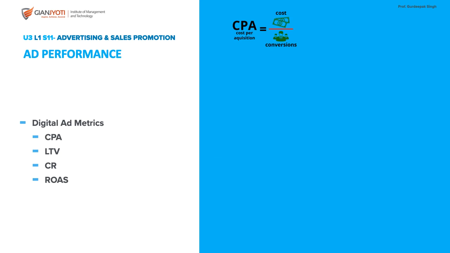When we talk about ad performance, there are generally four digital ad metrics that we use, which you will be knowing in detail once you talk about the social media marketing. I think that is part of this unit only. So the first is the cost per acquisition, which is cost divided by the number of conversions.